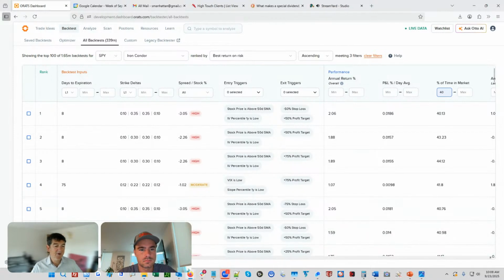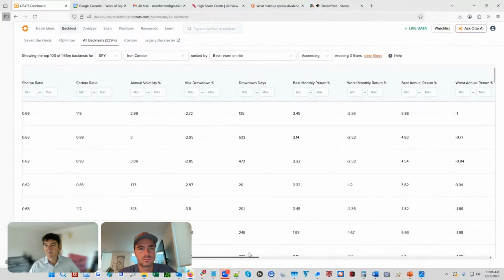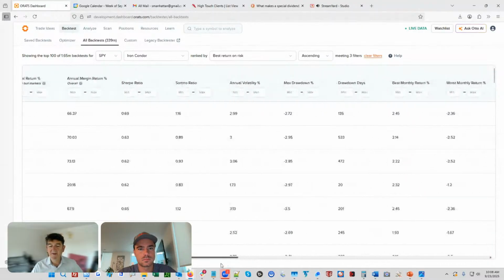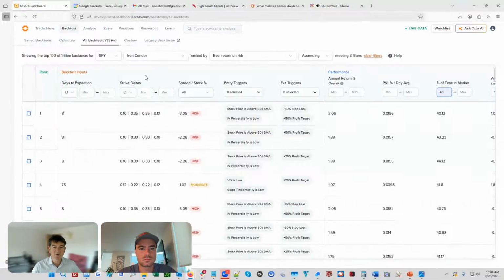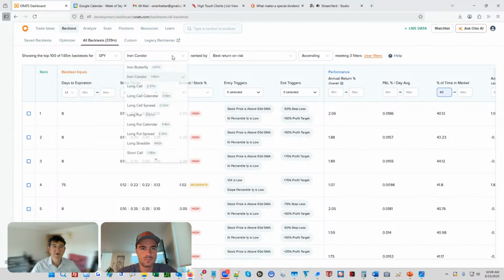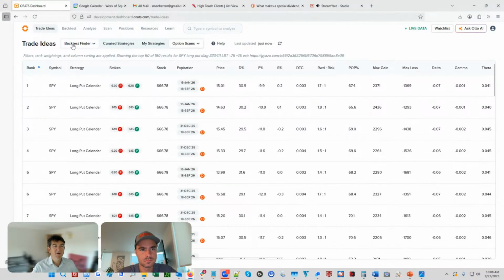It's just an amazing table for you to find backtests that explicitly match all the factors that you would want for the strategy. So what we do is we go through all these. We actually do a selected number of ETFs and stocks, and select a number of strategies on the back end and throw them into the trade ideas.